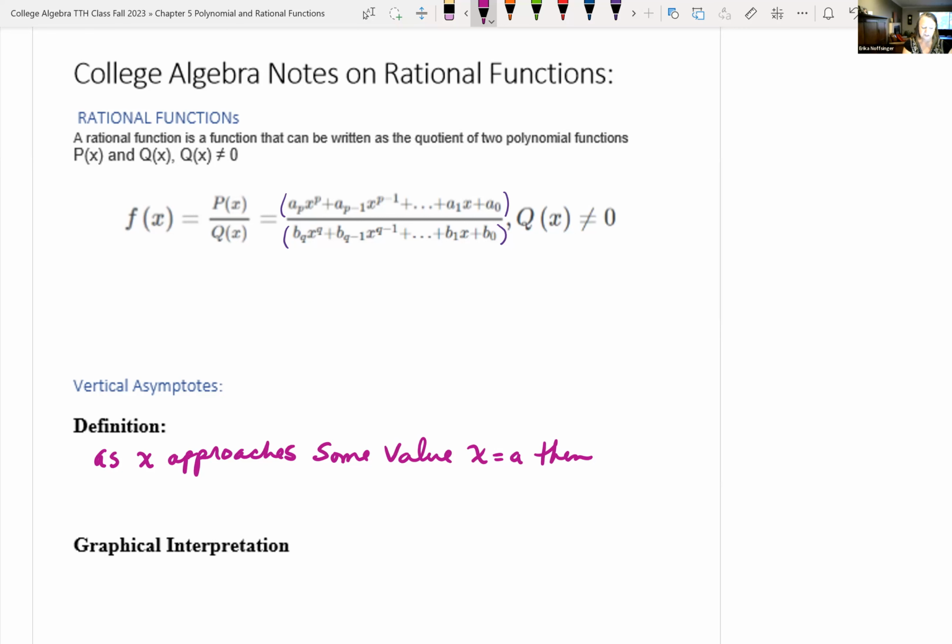So as x approaches some value a, then y approaches positive infinity or negative infinity.